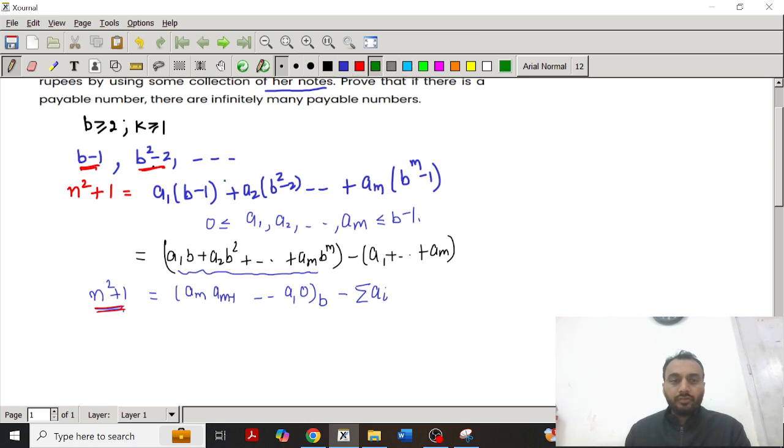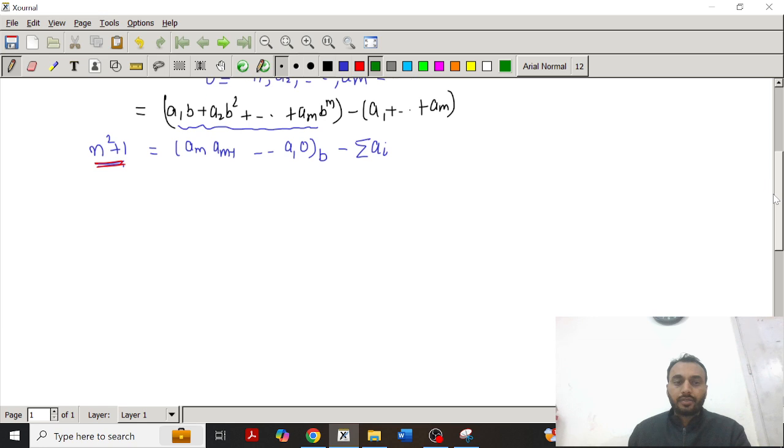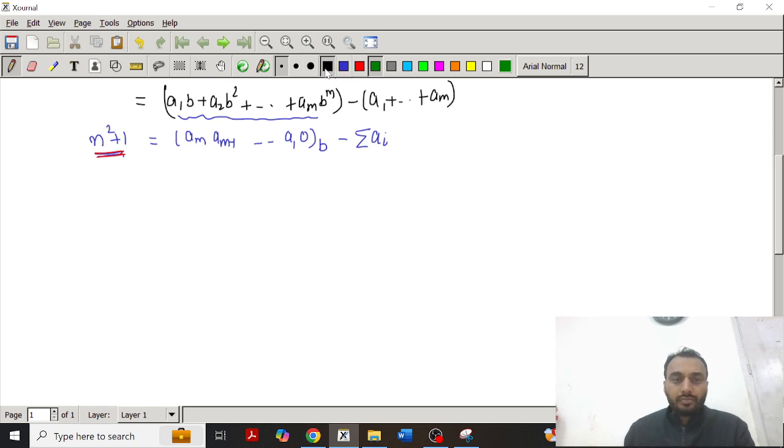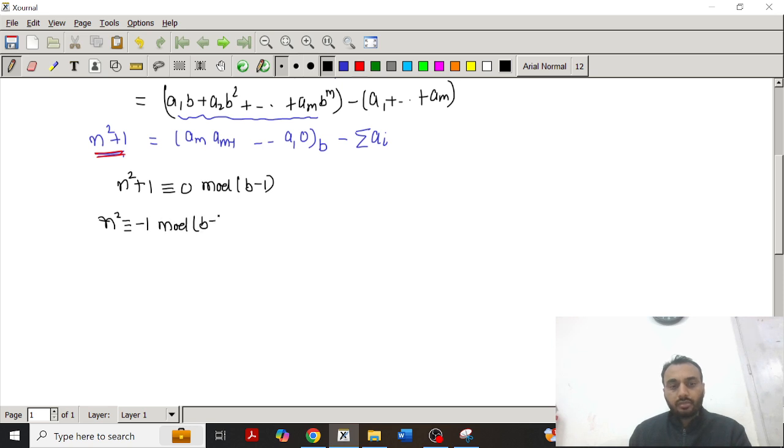In all these terms you have b minus 1 common, so the right hand side is a multiple of b minus 1, so the left hand side should also be divisible by b minus 1. One thing we get from there is that n square plus 1 is divisible by b minus 1, or n square plus 1 is 0 mod b minus 1, or n square is congruent to minus 1 mod b minus 1.